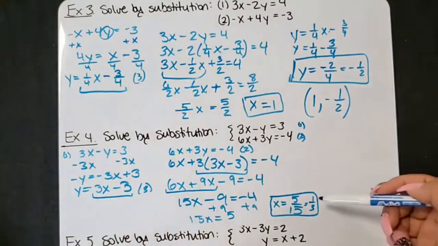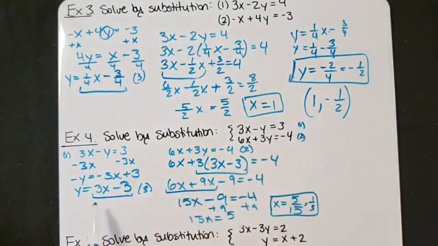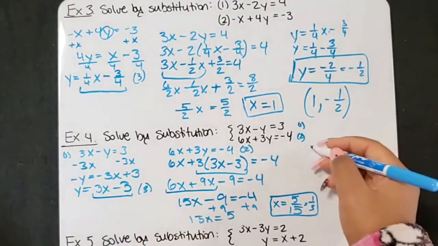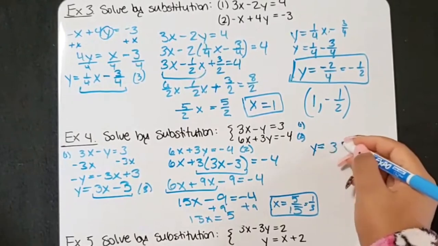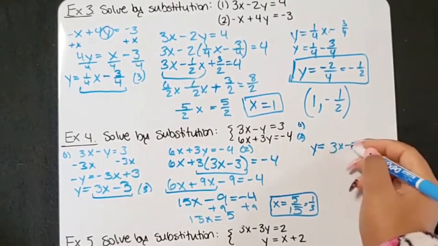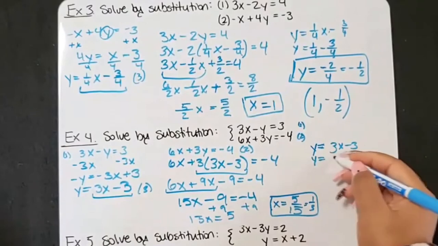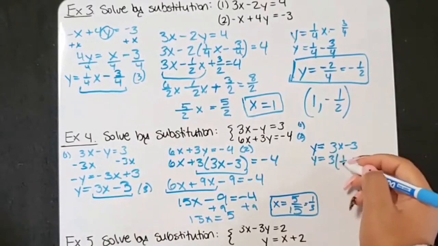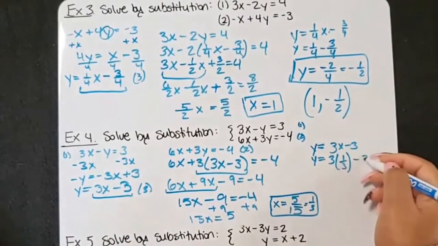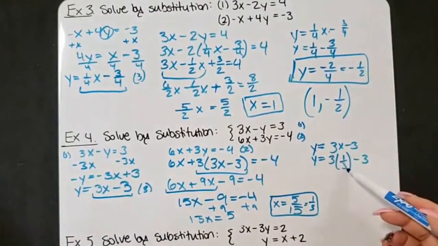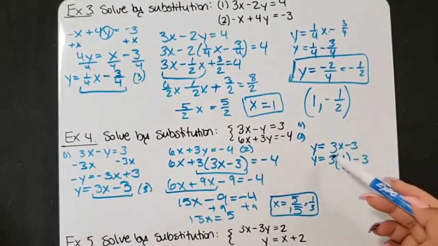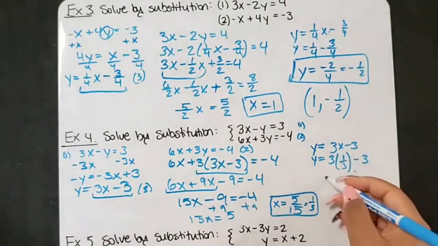Now that we have x, we can plug it back into equation 3, because it's already set up as y equals blah, blah, blah. So we got 3 times 1/3 minus 3. Of course, 3 times 1/3 is 1, because it'll be 3 over 3, which is 1.